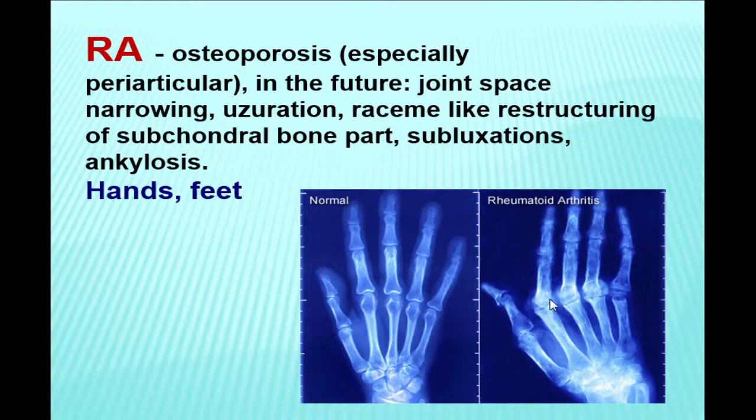Specific formation near the end of joints, usuration. Changing normal position of joints, subluxation, and ankylosis. Decreased or complete loss of elasticity of the joints.